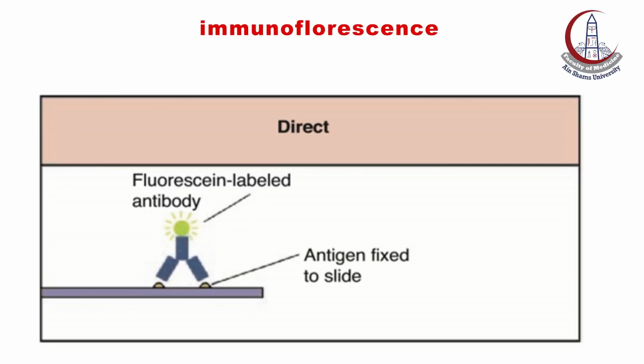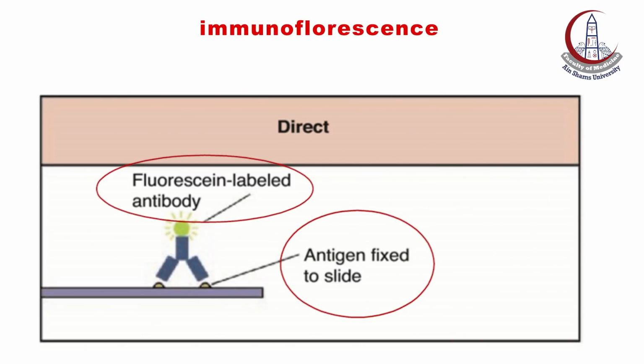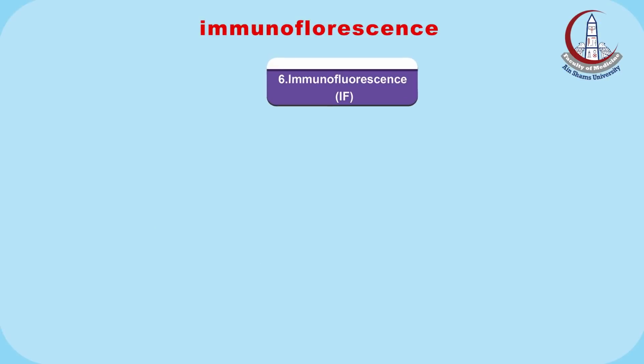Thus, the presence of an antigen in a sample can be detected by adding a pre-prepared antibody against that antigen, labeled with a fluorescent dye, and detection of fluorescence indicates the attachment of the antibody to that antigen, thus indicating the presence of the antigen, which would otherwise not be detectable.